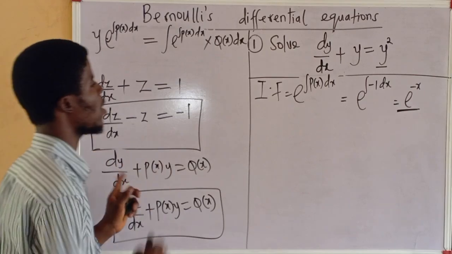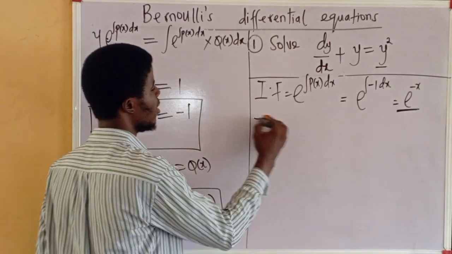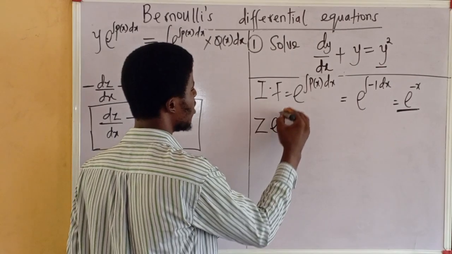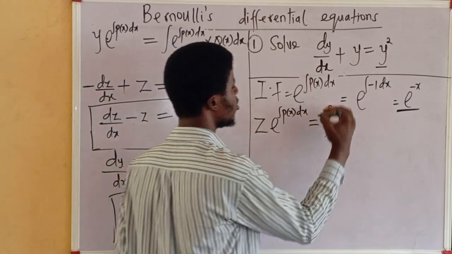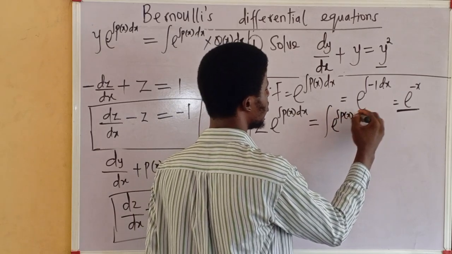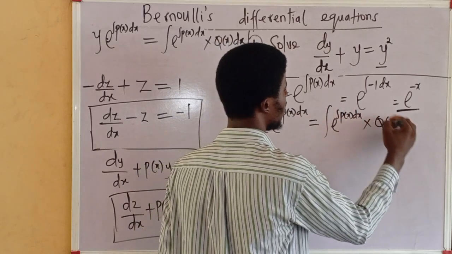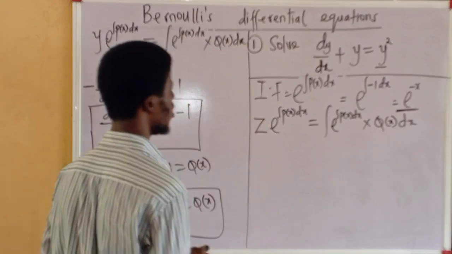So the formula we are going to plug this integrating factor into is this: z times the integrating factor is equal to the integral of the integrating factor times q of x dx. Alright, so let's go ahead.